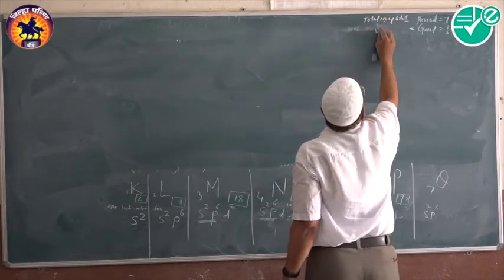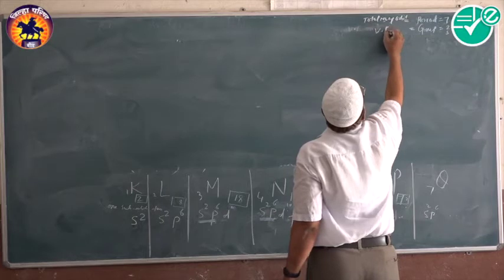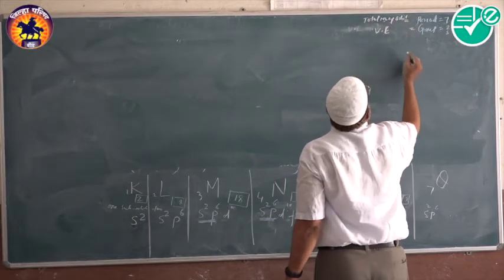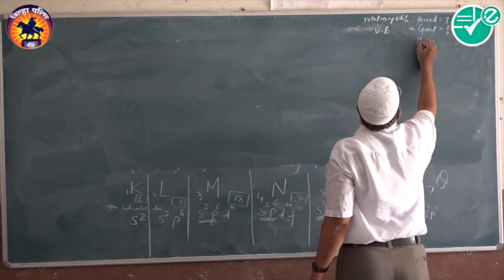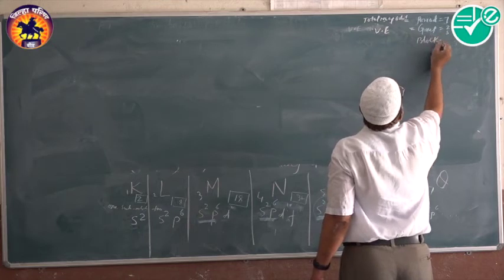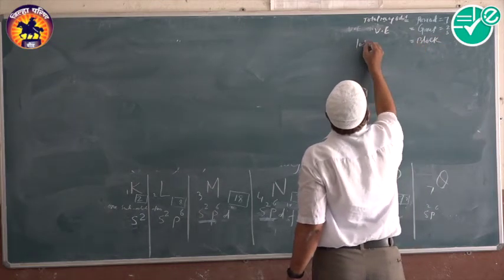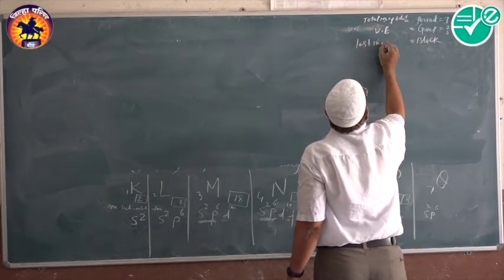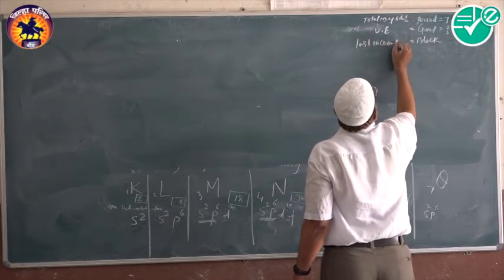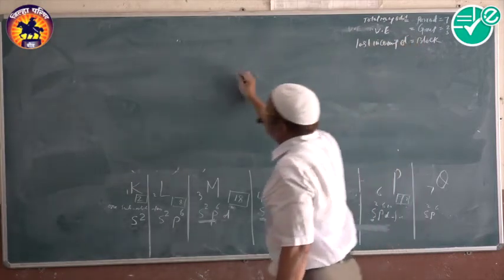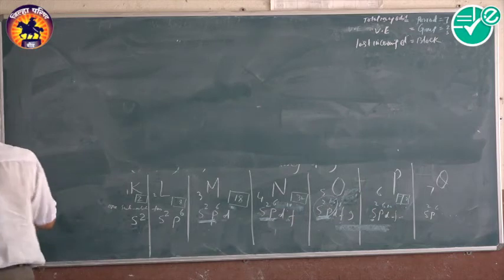And the block is determined by the last incoming electron. Now we discuss the modern periodic table.